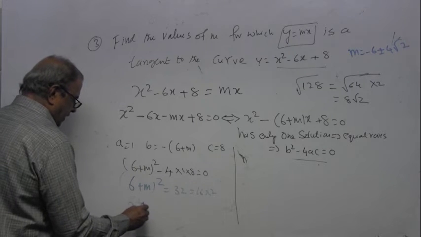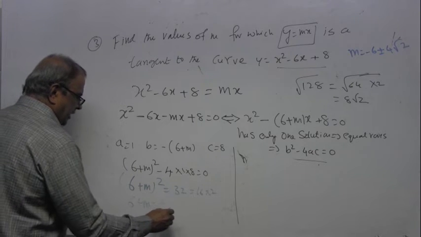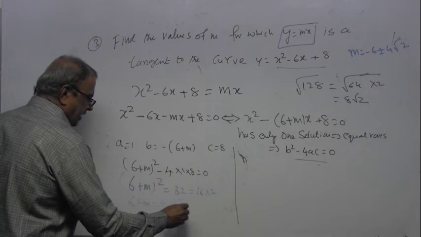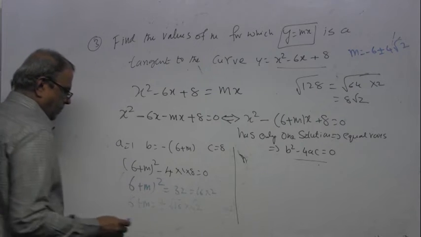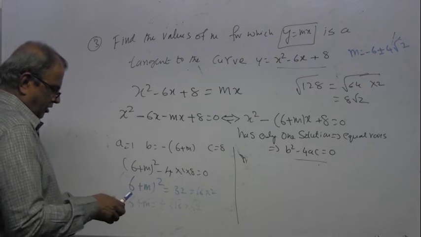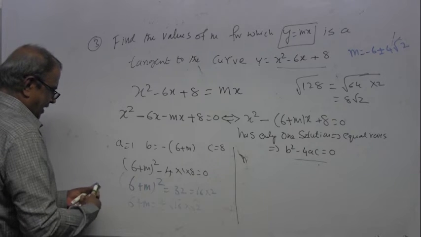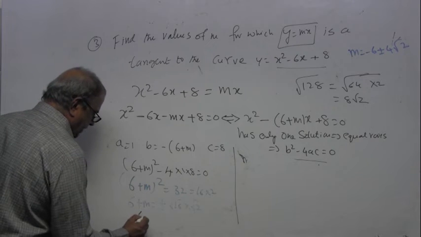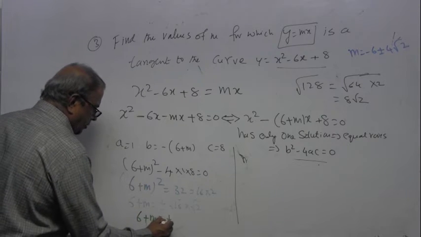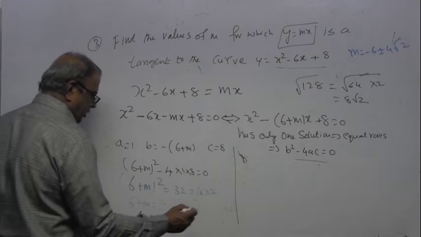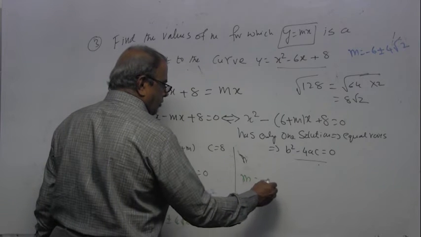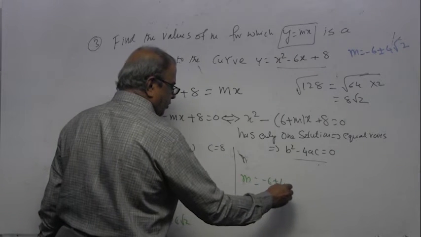So 6 plus m equal to plus or minus root 16 times root 2. Oh, this pen is giving up, sorry. So therefore, 6 plus m equal to plus or minus 4 root 2. So m equal to minus 6 plus or minus 4 root 2.